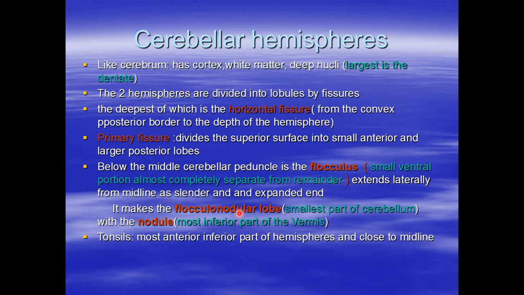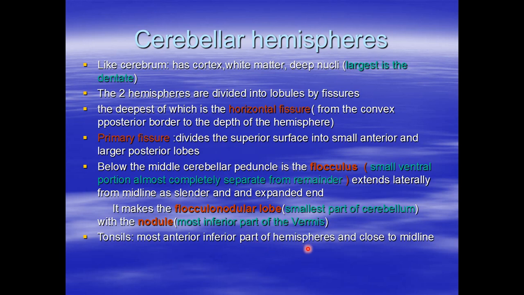This flocculonodular lobe is composed of the flocculus and a nodule, okay, which is also the most inferior part of the vermis. The tonsils of the cerebellum are the most anterior inferior part of the hemispheres and close to the midline.